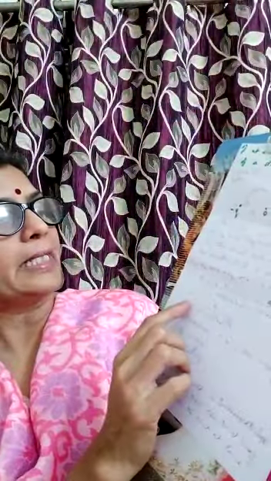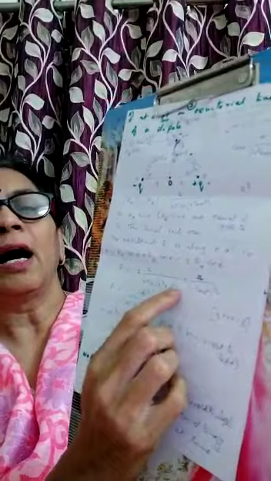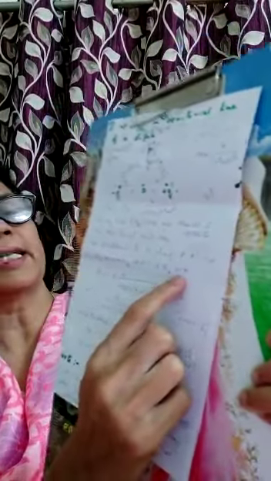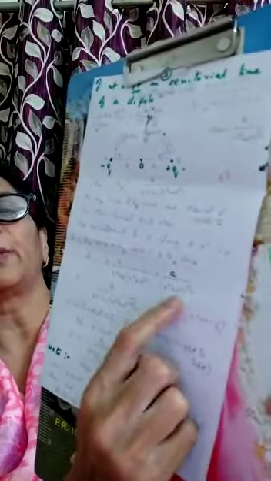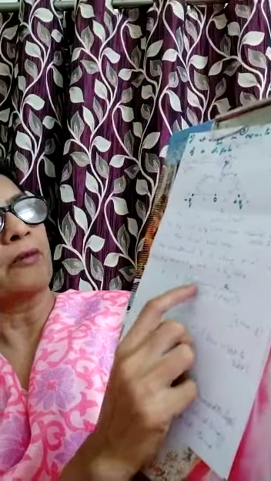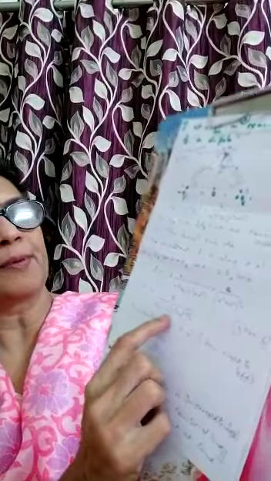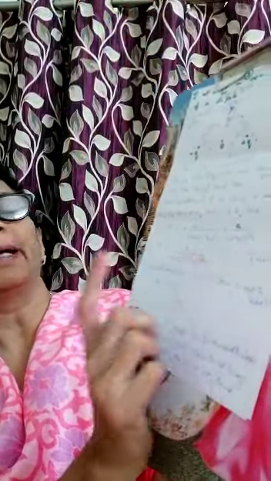So the net field is given by E is equal to 2 into Q by 4 pi epsilon naught into r squared plus a squared, because it is 2 EA cos theta. What is cos theta? Base upon hypotenuse, a upon r squared plus a squared to the power of half. If you simplify that, you will get E is equal to P by 4 pi epsilon naught into r squared plus a squared to the power of 3 by 2.